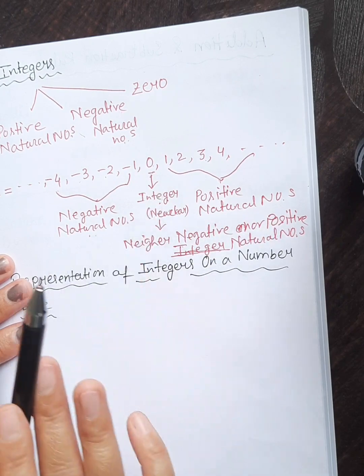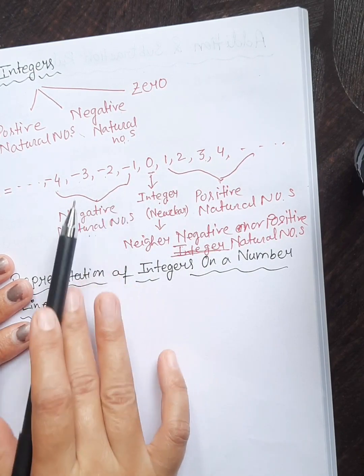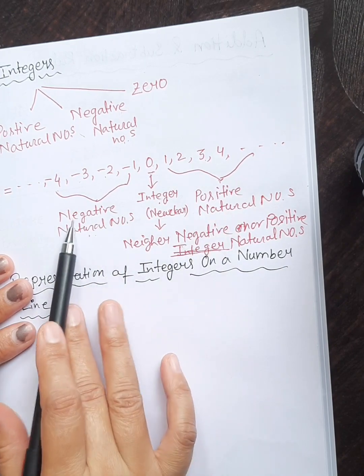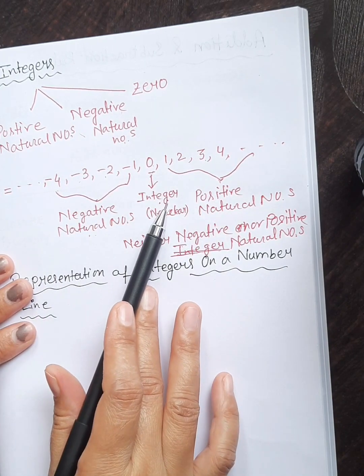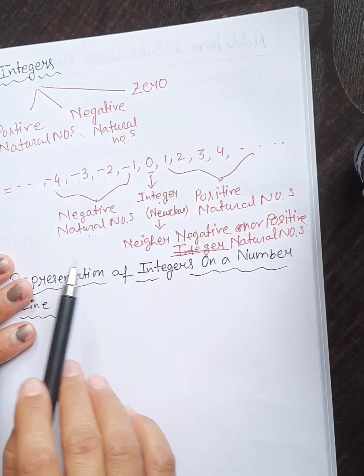It is only an integer. So the collection of positive natural numbers, negative natural numbers and the integer 0 is called integers.